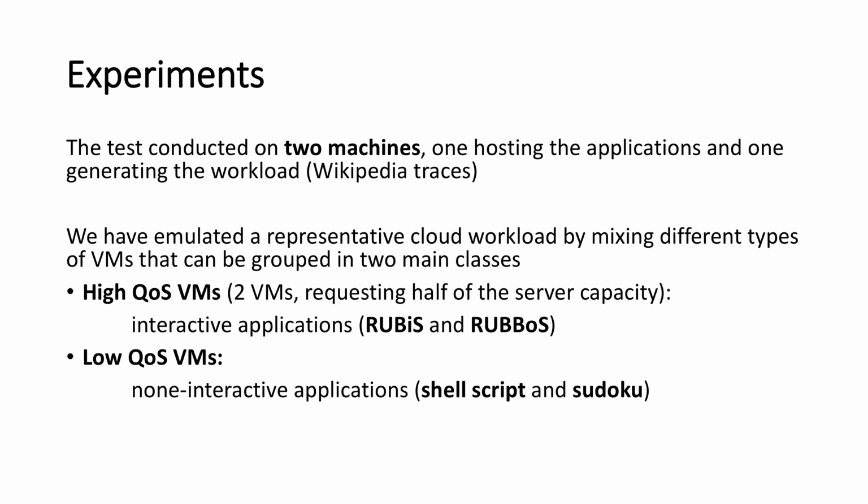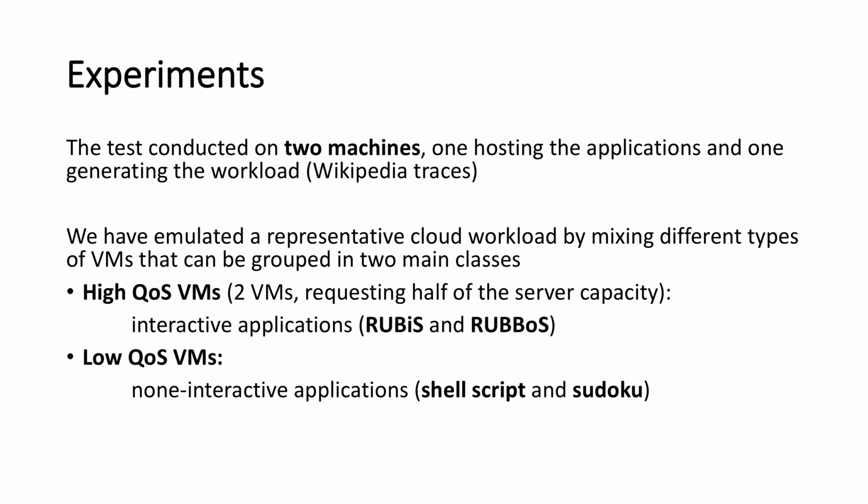For this application class, the high QoS applications, we have used the RUBiS and RUBBoS cloud benchmarks, which are an auction website benchmark modeled after eBay and a bulletin board modeled after Slashdot, respectively. The second VM class consists of different types of relatively short-living, non-interactive VMs.